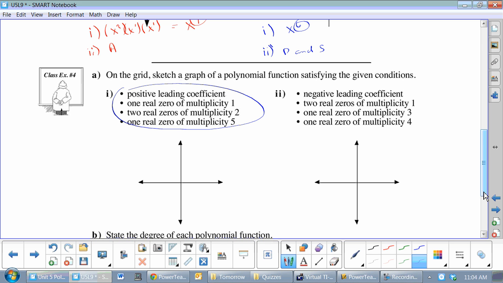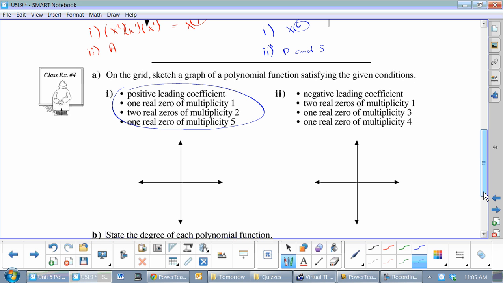Now, can anybody tell me what the degree of this polynomial will be? Okay, 8 is the one they would love you to pick if you didn't know what you were doing. Okay, so I hear a 10. Does 10 make sense?